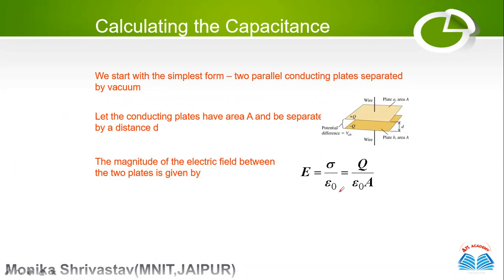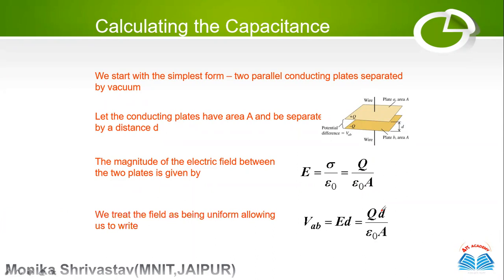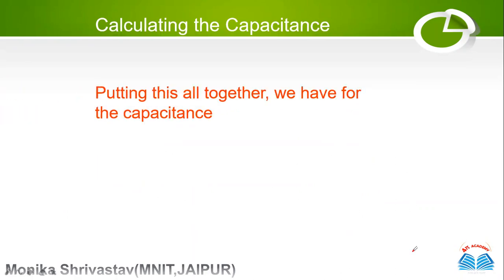There are two plates, so sigma over 2 epsilon naught plus sigma over 2 epsilon naught is sigma over epsilon naught. So this becomes Q over epsilon naught A, because sigma is the surface charge density, that is Q over A. So the electric field we can calculate by this formula, and the potential difference is the electric field times the length. So this is Qd over A epsilon naught.